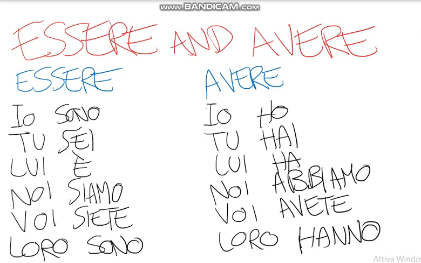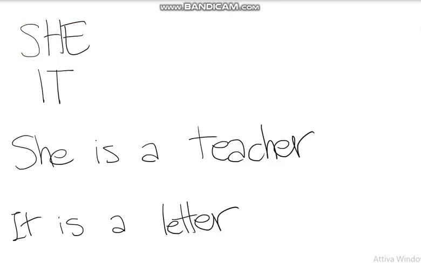So, now let's see some examples. Okay, but before we see these examples, how do we say she and it? For she, we say lei.